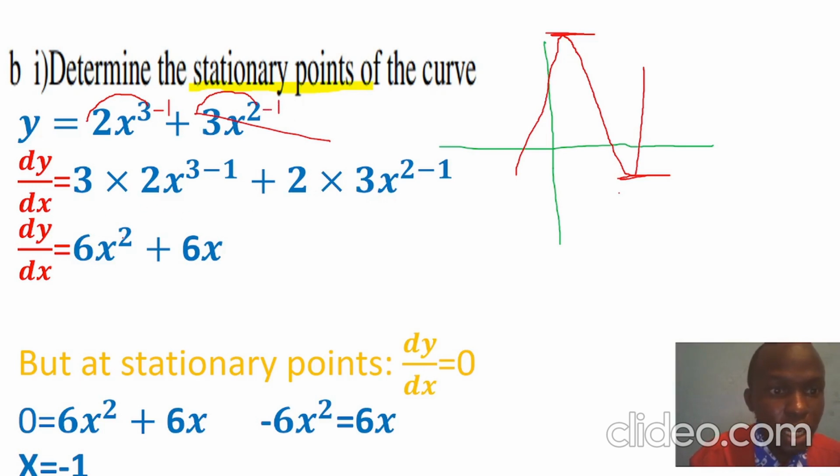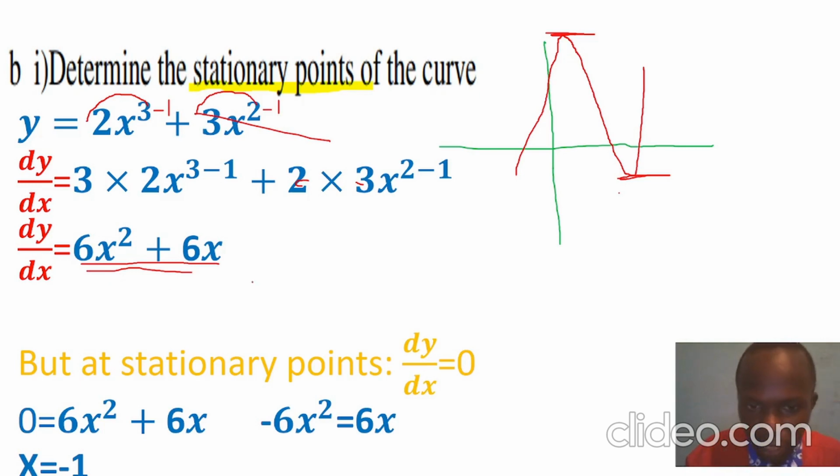Why are we saying x squared? Because 3 minus 1 is 2. Plus 6x, because 2 times 3 is 6, and x to the power 2 minus 1 is x, so that's why 6x. And the gradient function of that particular curve is given by 6x squared plus 6x.